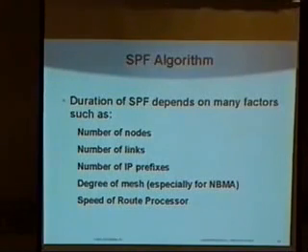Number of IP prefixes, for that matter, because it could have multiple IP subnets, secondary addresses that we need to track. And then the degree of mesh for non-broadcast multi-access networks becomes very important also. And then your route processor also gets to play here, because a slow route processor would affect how quickly SPF completes every round.